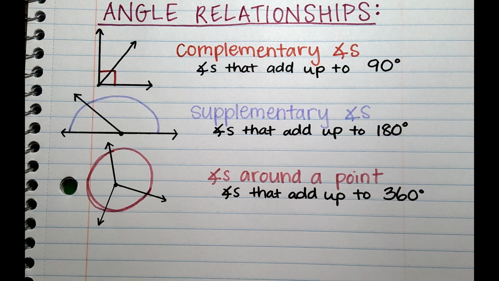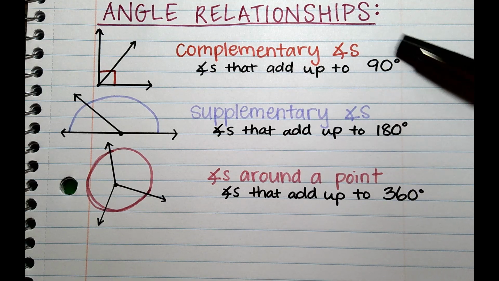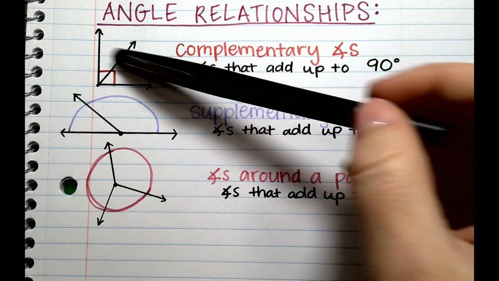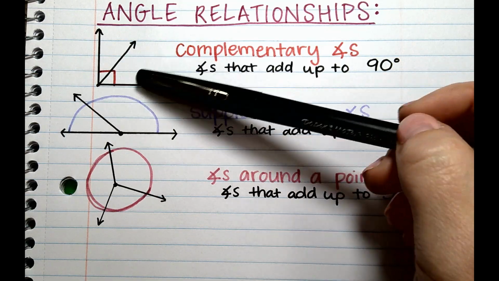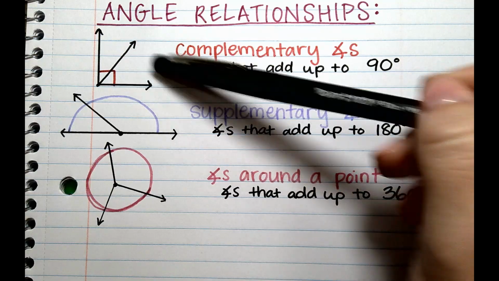So it's important to know that sometimes you are not going to be given the measure for all the angles together. Sometimes we may need to just know that if these angles are sharing one of those boxes, one of those squares, they're going to add up to 90.